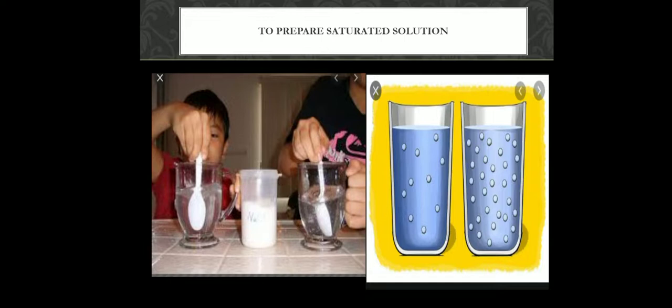Go on adding a spoonful of salt at a time. After adding a few spoons of salt, we will find some salt remains undissolved and settles at the bottom. This means that no more salt can be dissolved in the amount of water we have taken. Now we have got a saturated solution.